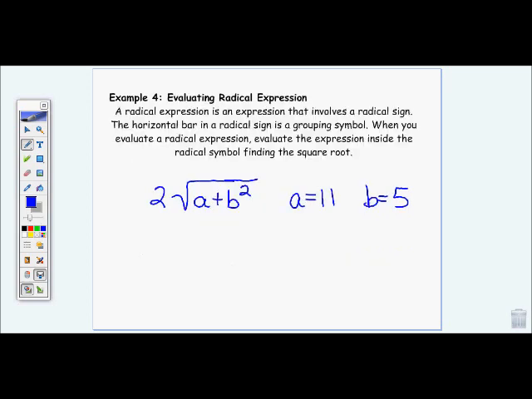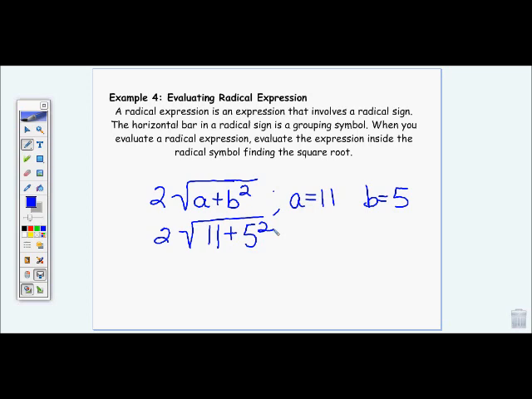And so now we get to do it as an equation. The equation is going to be a little bit different here, and they're going to give us some values. So the first thing that we're going to do is substitute those values in. So now I have 2, the square root symbol, and we have 11 plus b squared, and b is 5.